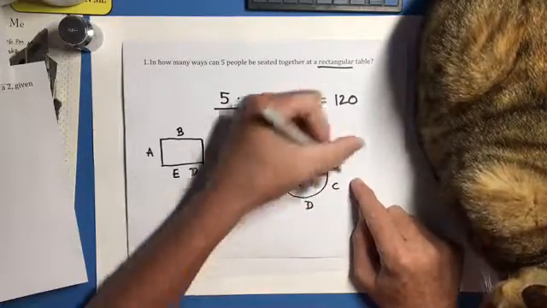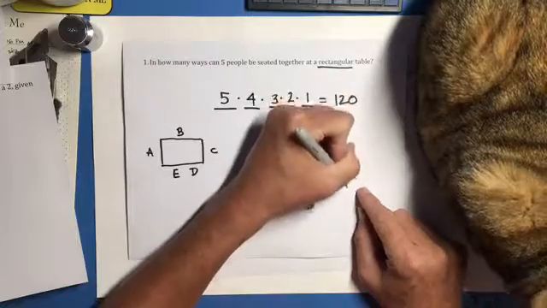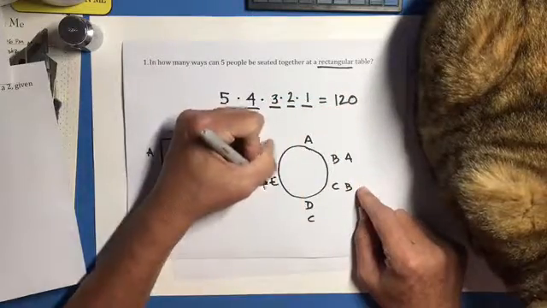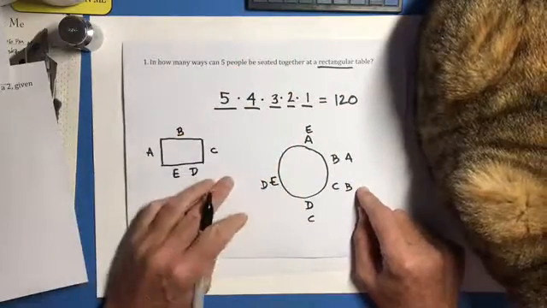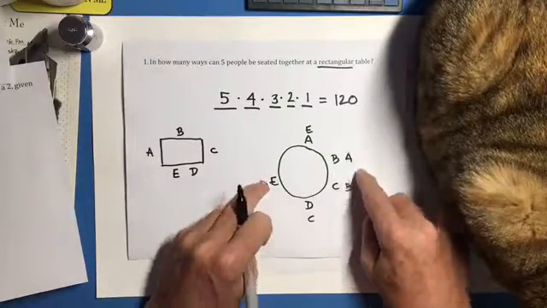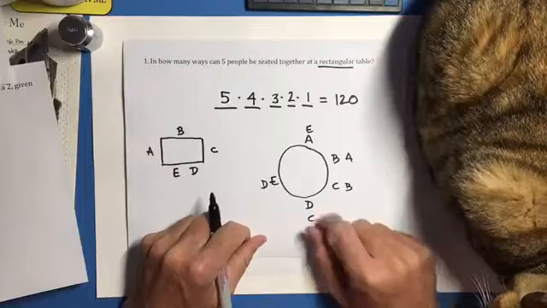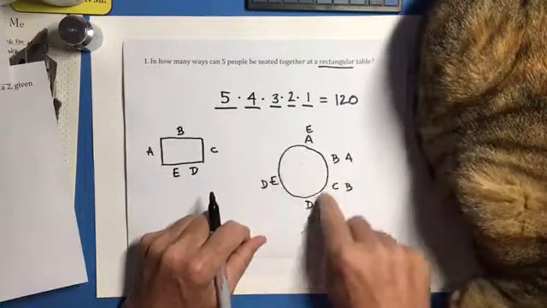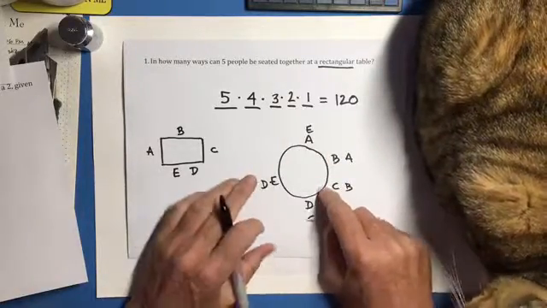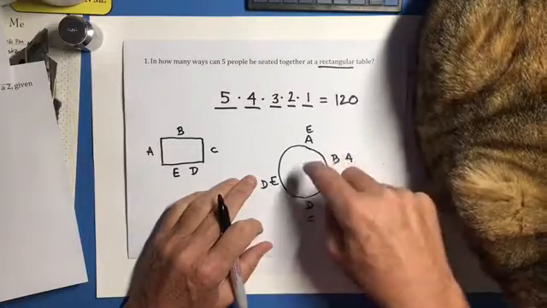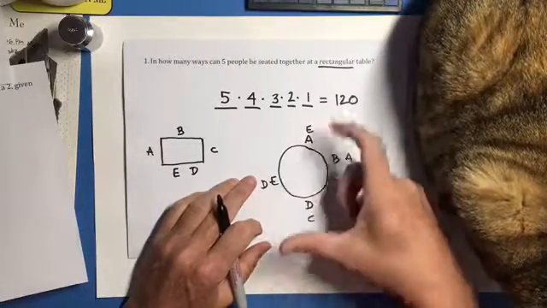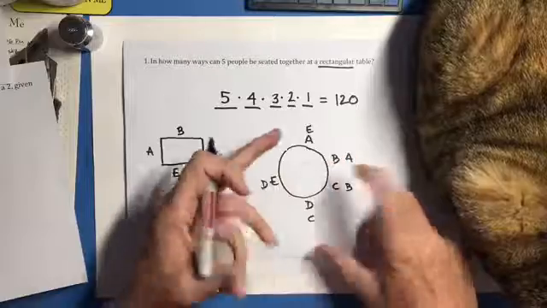Ann, Bob, Carol, Dan, and Eric is the same as Ann, Bob, Carol, Dan, and Eric. And then I could have everybody move again, and that would be the same. And move again, and that would be the same. So for each configuration of 5 people sitting around the table, there are 5 ways that is identical. That's just rotating the table or the seats.